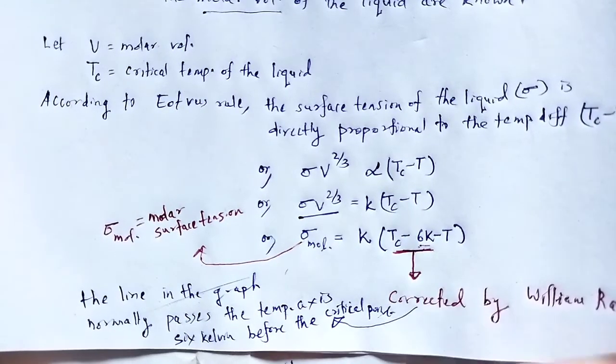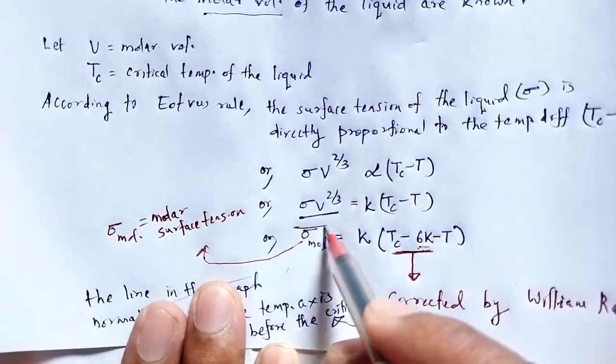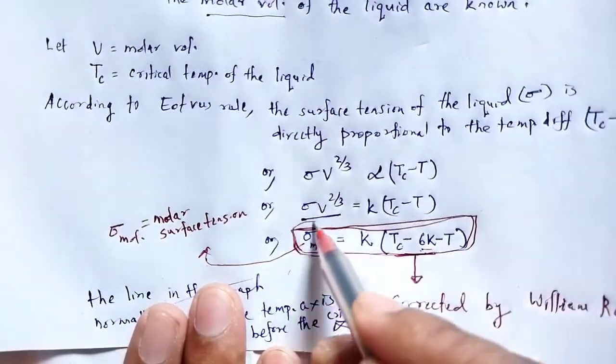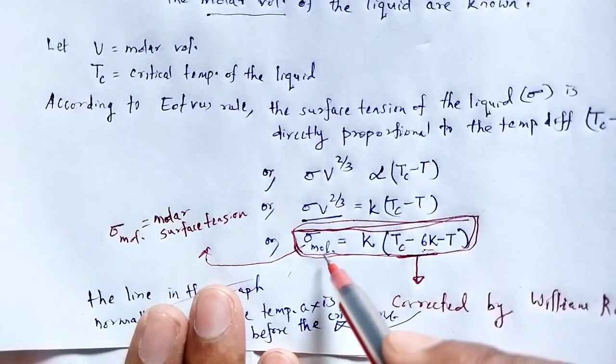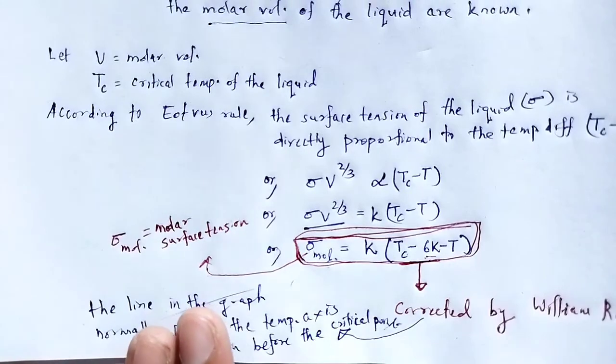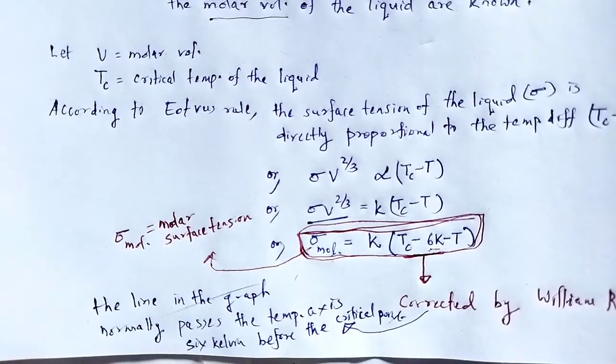That indicates Tc minus 6K. Read the expression: sigma mol, the molar surface tension, will be K times Tc minus 6K minus T for our calculation purposes.